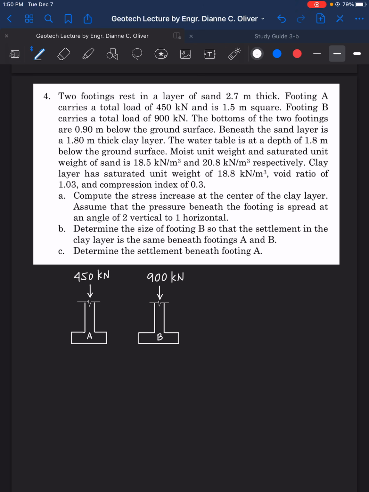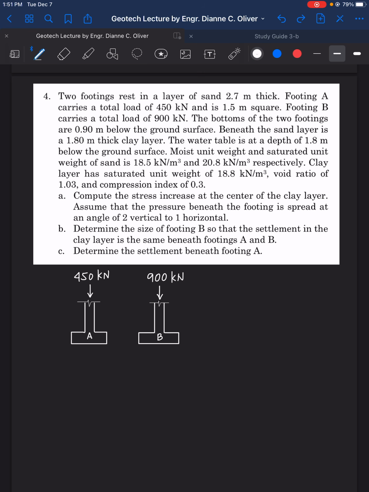So here we have two footings, footing A and B, resting in a layer of sand 2.7 meter thick. Footing A carries a total load of 450 kilonewton and is 1.5 meter square. Footing B carries a total load of 900 kilonewtons.